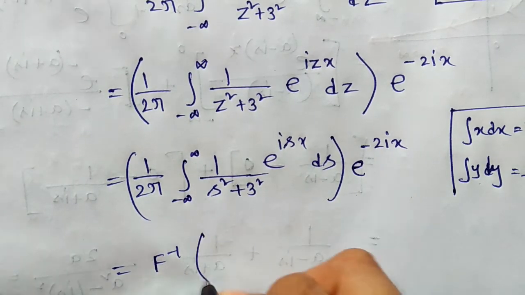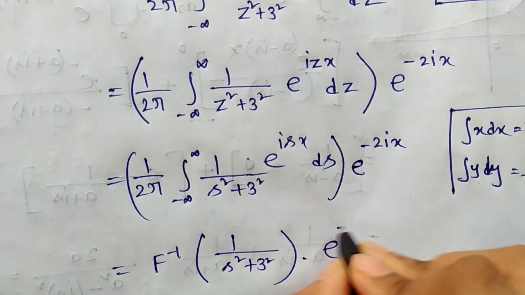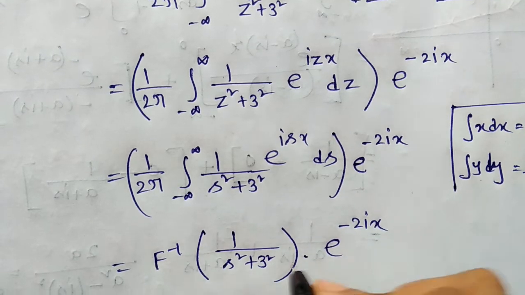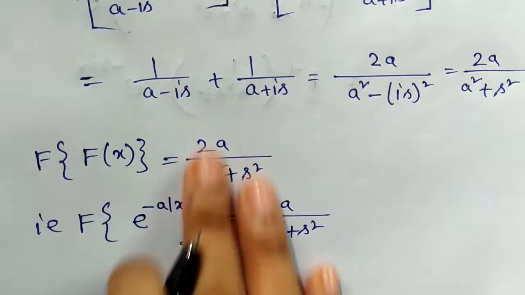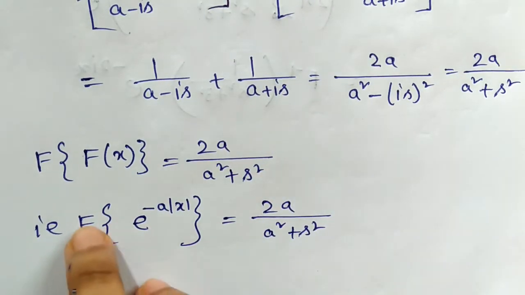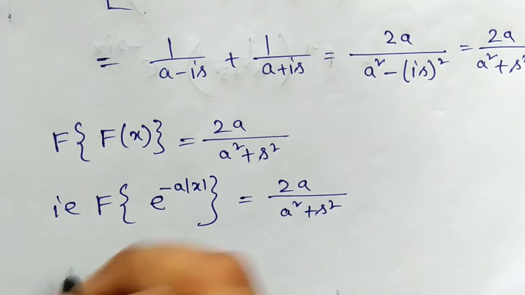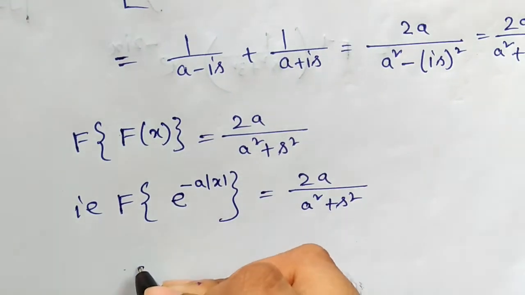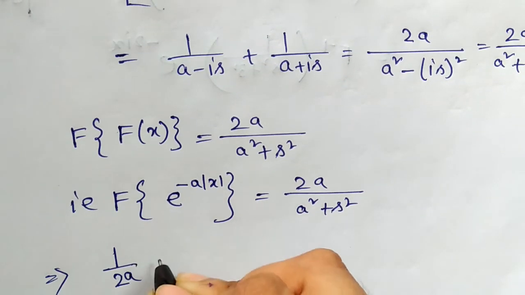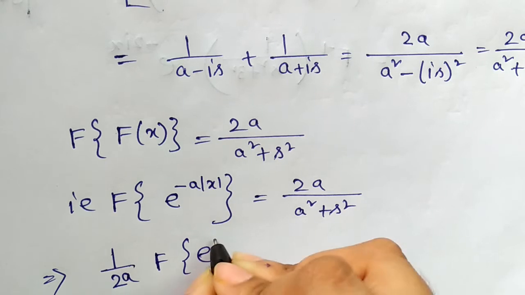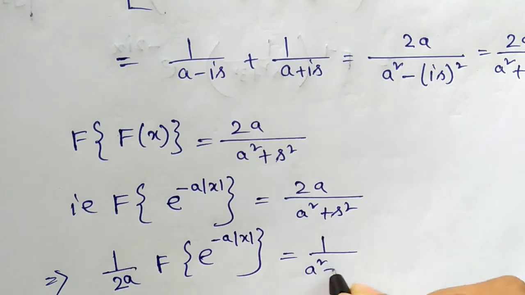Now see, this is the formula of inverse Fourier transform of 1 by s square plus 3 square, and this e to the power minus 2ix. Also from our previous result, that is we solved this problem, if Fourier transform of e to the power minus a mod x is equal to 2a by s square plus a square, this can be written as 1 by 2a Fourier transform of e to the power minus a mod x equal to 1 by s square plus a square.